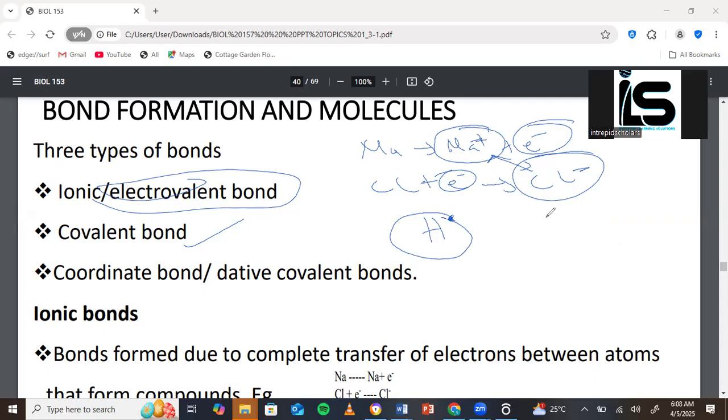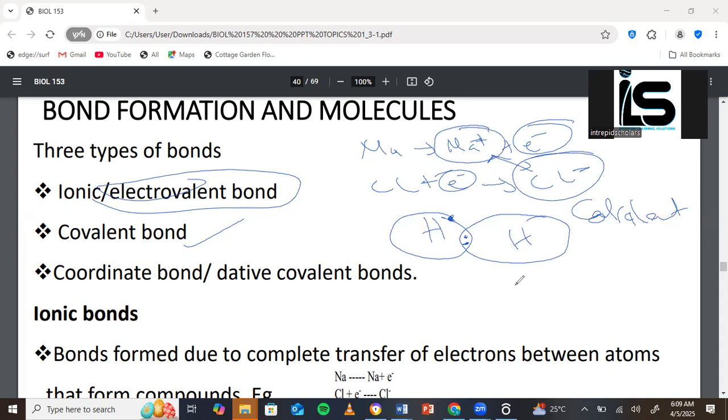So what it can do is overlap with another hydrogen. This one will bring its electron, and this one will bring its electron, for them to share. This is what we call a covalent bond.